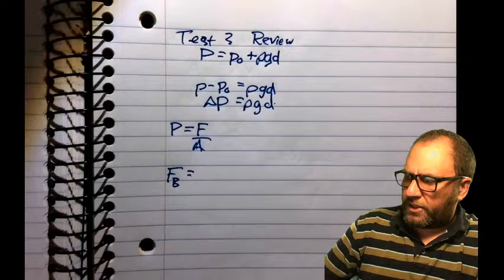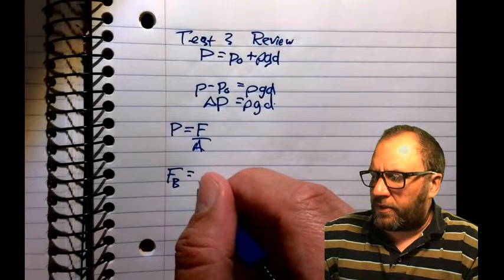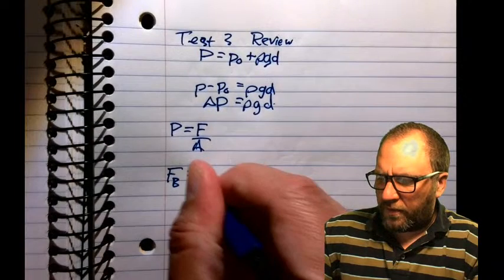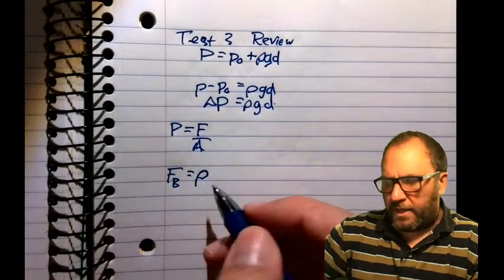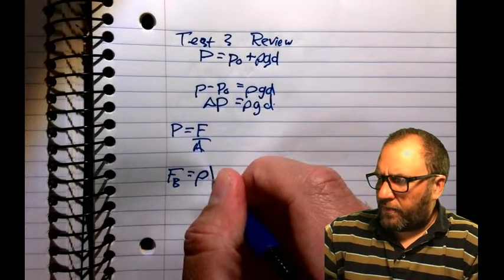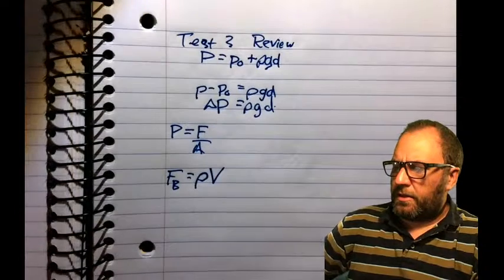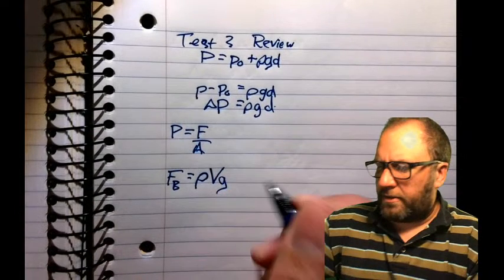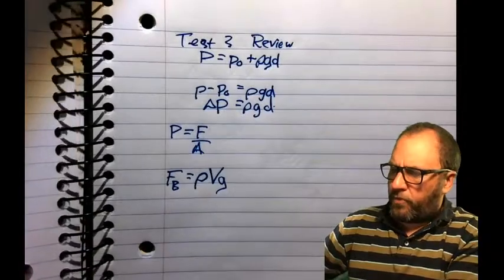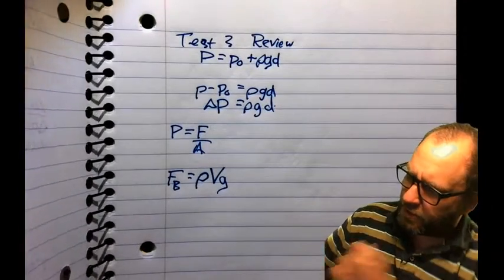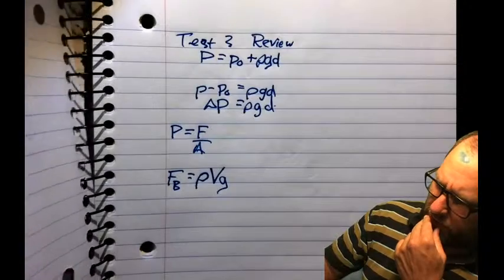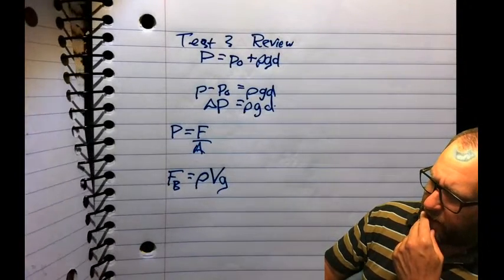Okay, so the buoyant force should equal rho, which is the density of the liquid, times V times g. Alright, so this is the buoyant force, if I am not totally mistaken. Yes, I think that's right.